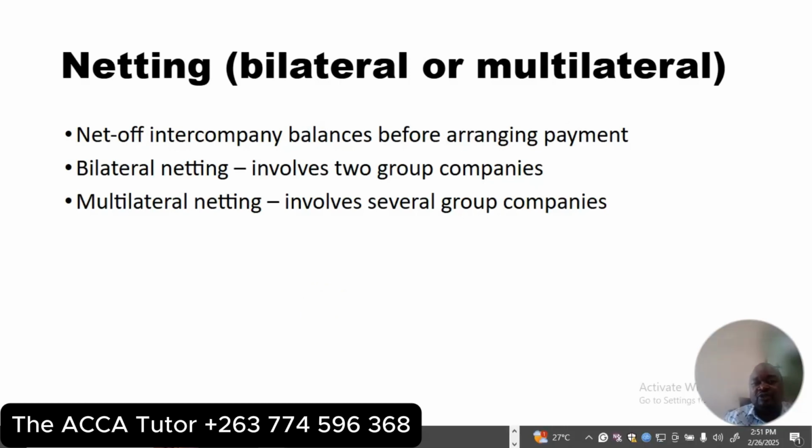I'm glad we are still together in this lecture series on risk management, where we are looking at several aspects, including the hedging of foreign currency, as well as interest rate movements.